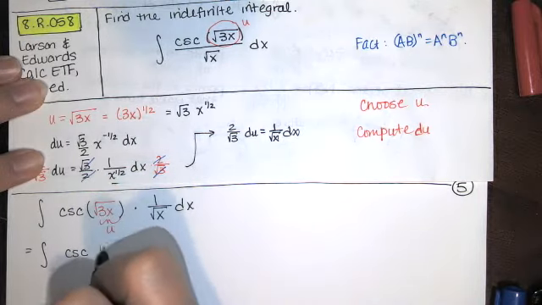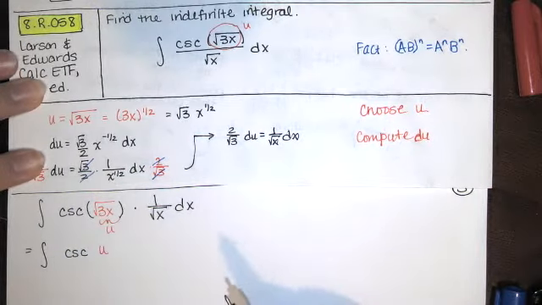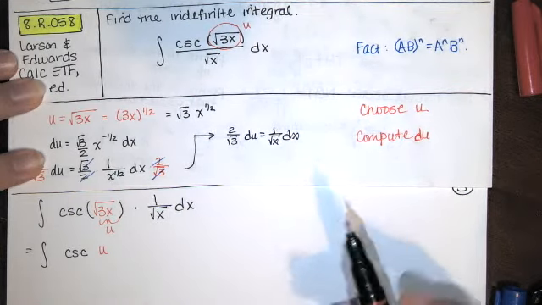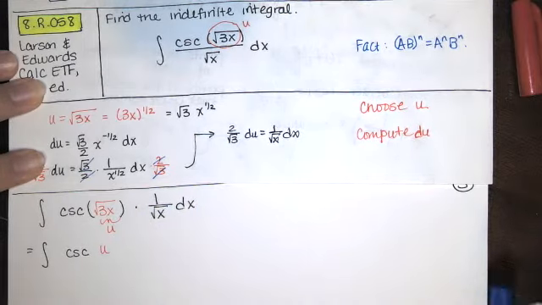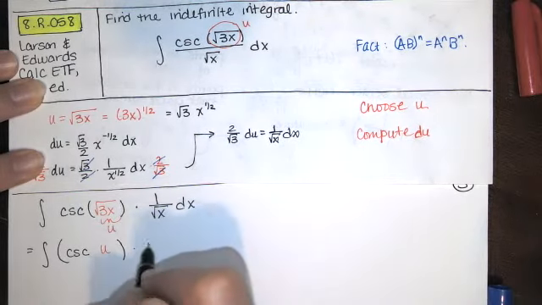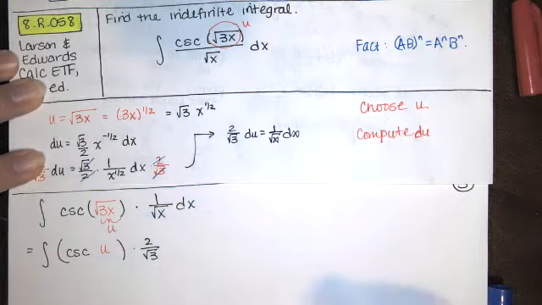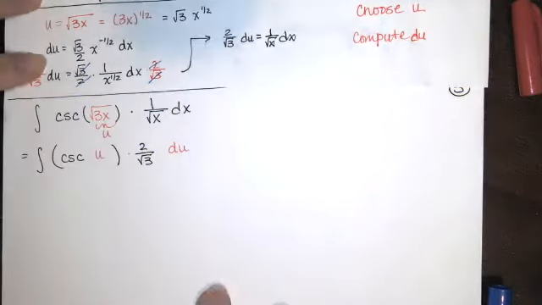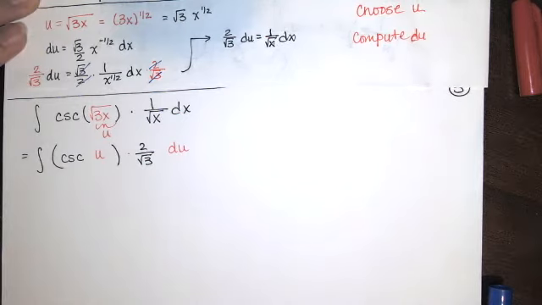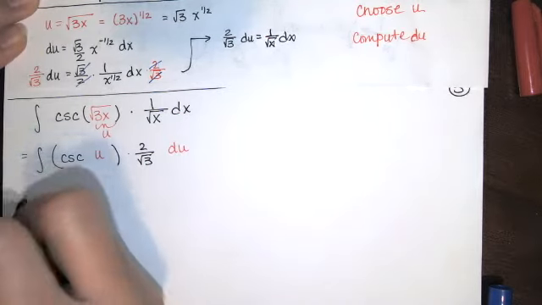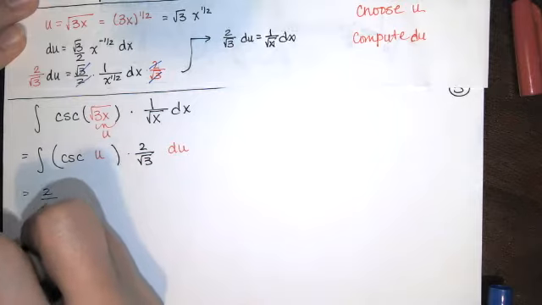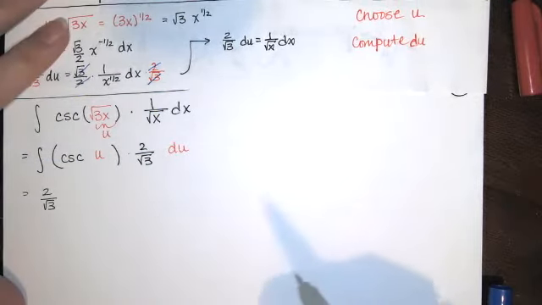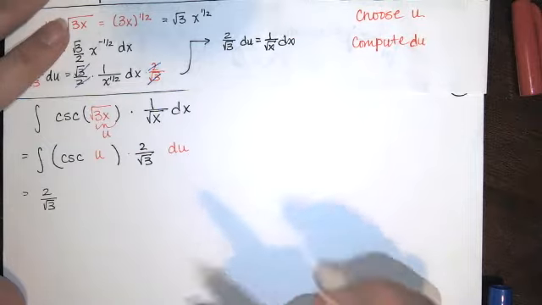And this 1 over square root of x dx, we know that that's the same as 2 over the square root of 3 times du. And you can rationalize the denominator if you want to. You don't have to, though. I think WebAssign is fine with leaving that square root of 3 in the denominator. And then you just remember that you have a basic rule for the antiderivative of cosecant of u.